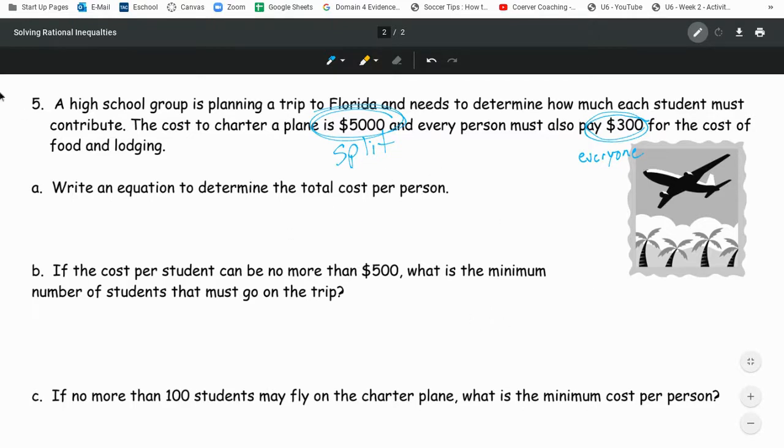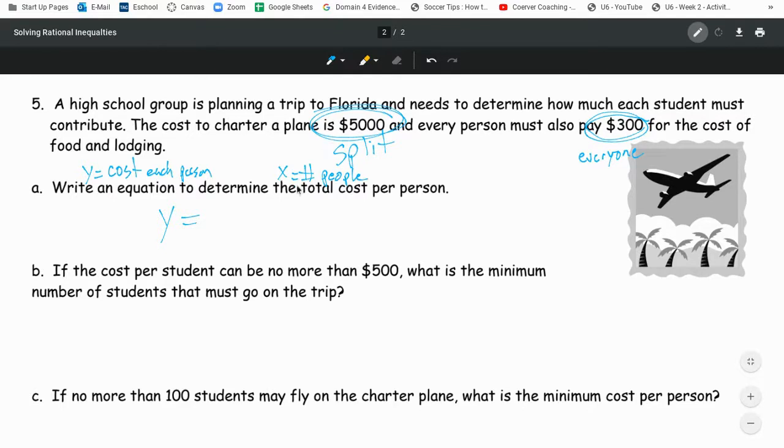So if we use x and y, y being the cost each person is going to pay, and x being the number of people going, then we can kind of figure this out.